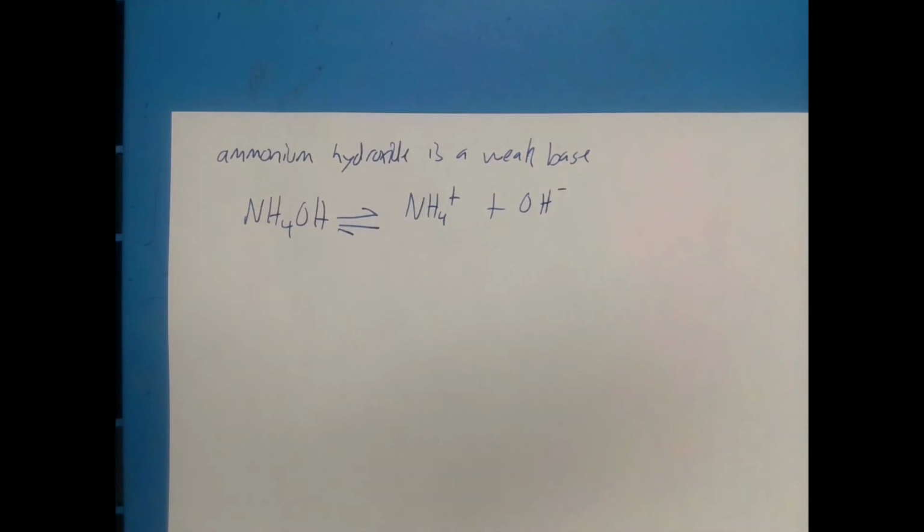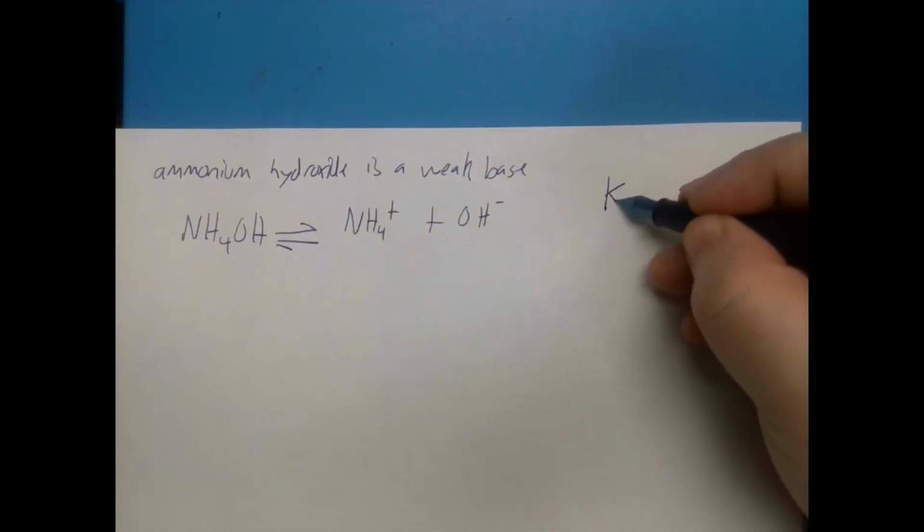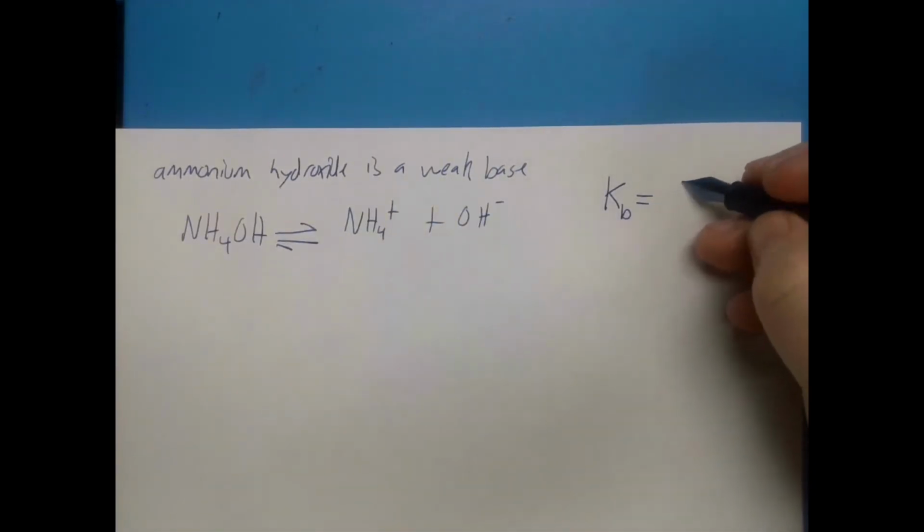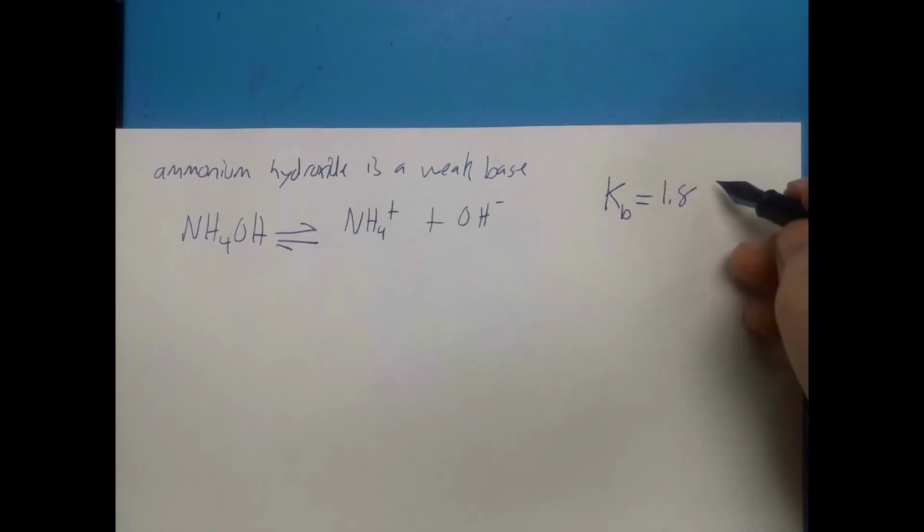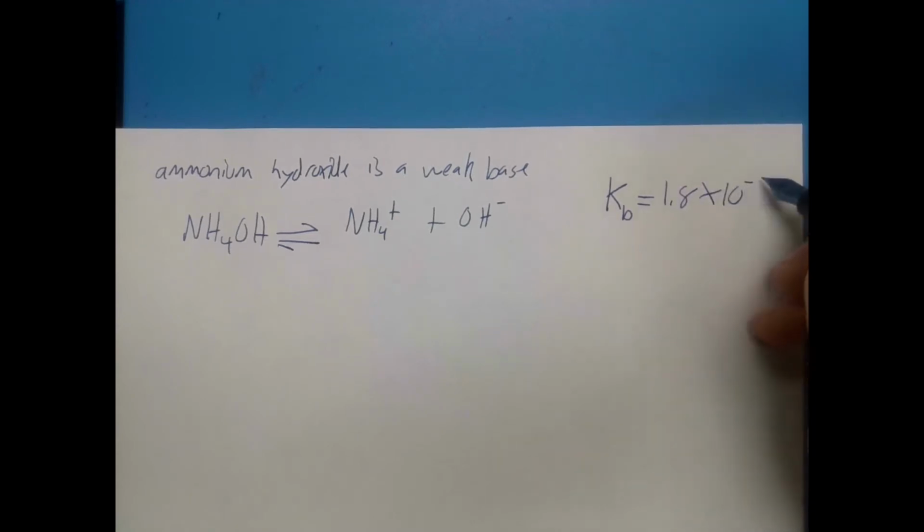This is not 100%. So let me find the Kb of NH4OH. The Kb value for this is 1.8 times 10 to the negative 5.